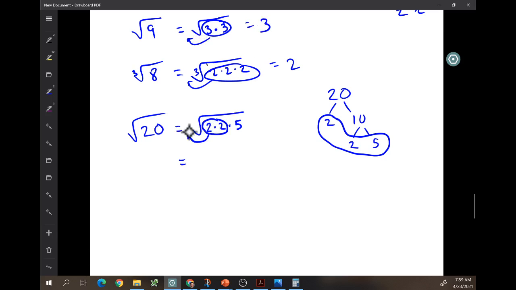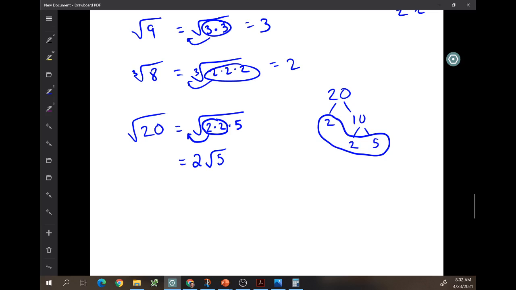When we take our pair of 2's out, it's just 1 2. It's not 2 times 2, it's just 1 2, because the square root of 2 times 2 is just 2. It's that number times itself. So we're just going to write it once. But we still have the inside, which will be the square root of 5. So the 2 came out, but our square root of 5 stayed inside the radical. And that's how this concept of simplifying a radical works: we're going to do a prime factoring tree.